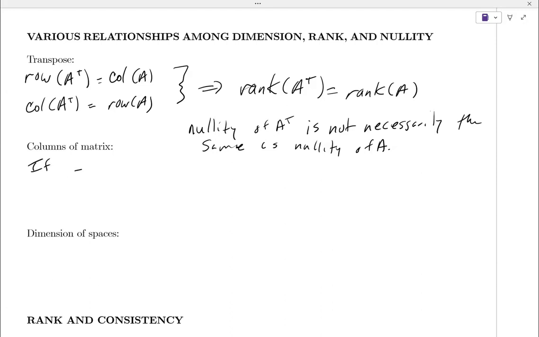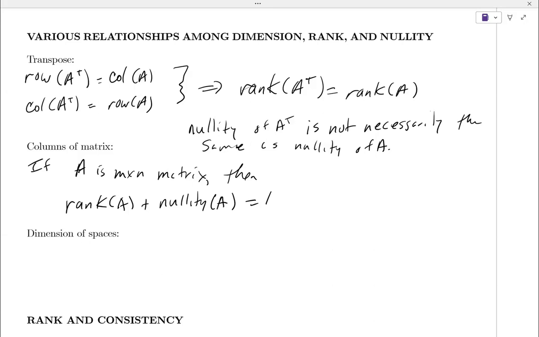So if A is an m by n matrix, then the rank of A plus the nullity of A is equal to n, the number of columns of A. That's an n, even though it looks like, I don't know what that looks like.